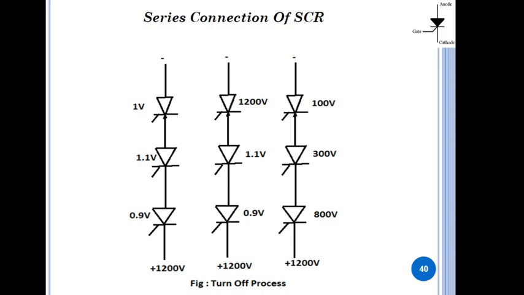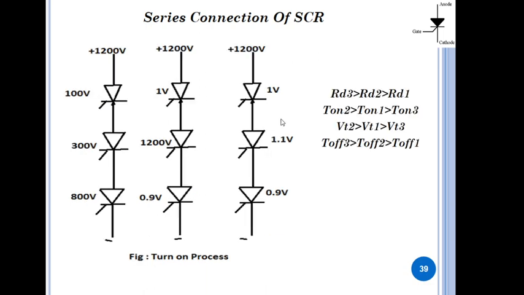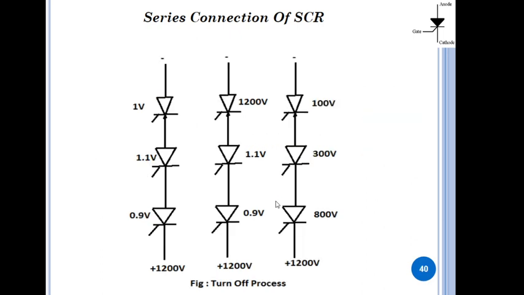As such, the voltage across all SCRs is the same, like the last figure, which indicates that all SCRs are in the conduction state. The voltage distribution we observe is 1 volt, 1.1 volts and 0.9 volts. Same figure we are considering here.